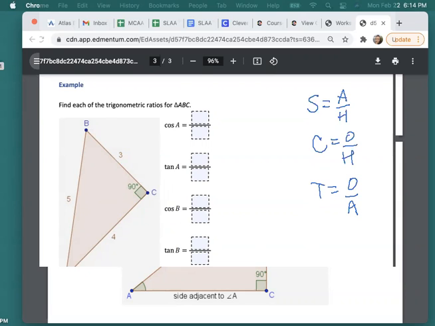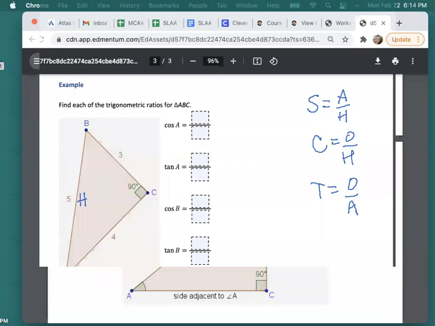And angle A, so 4 is adjacent. Well, let's not do any of that yet. Hold on just a second. I'm going to erase this part right here. Okay. We know for sure that the hypotenuse is 5.